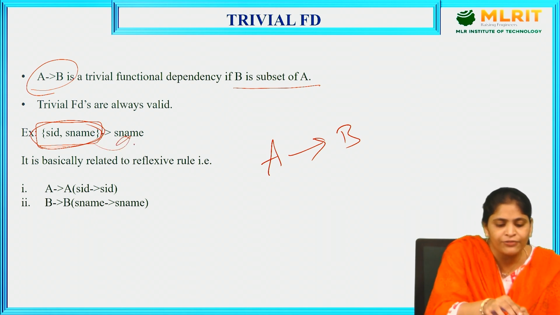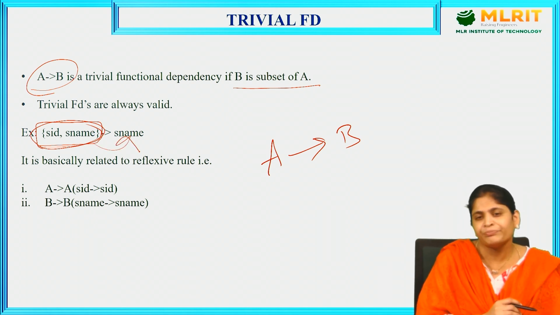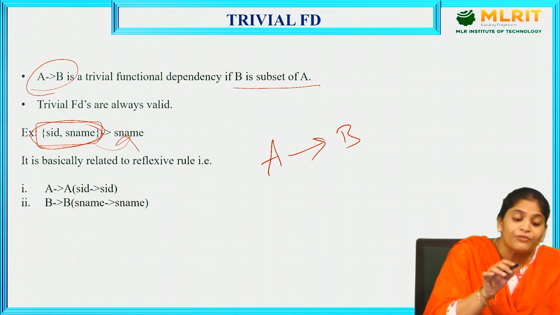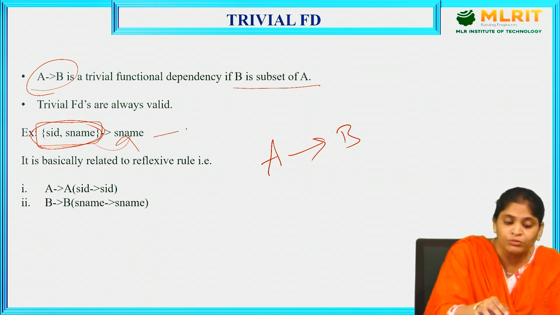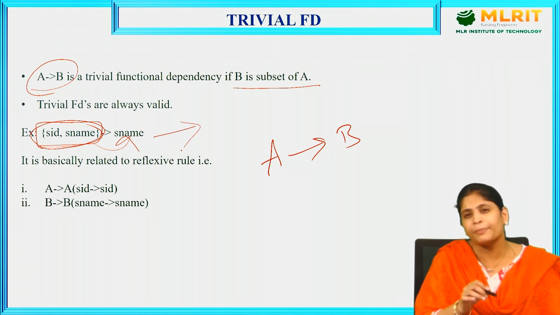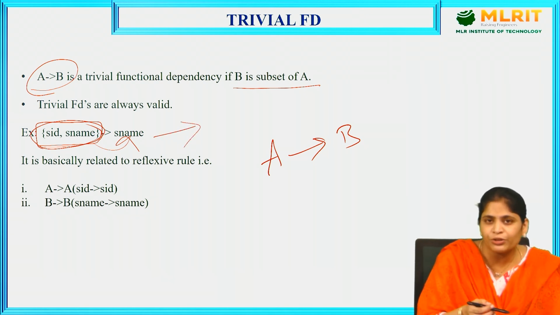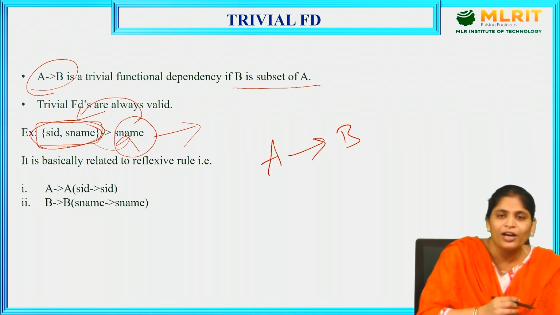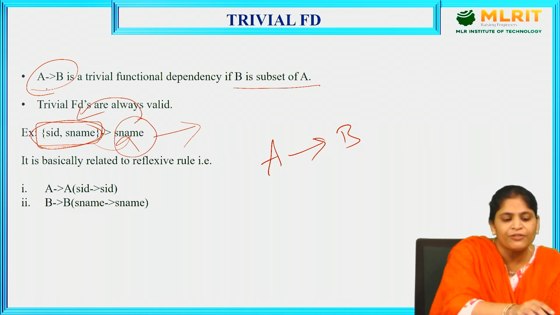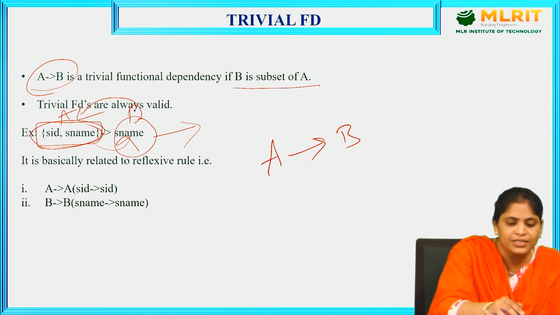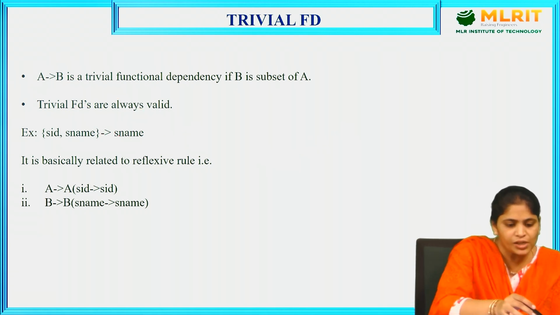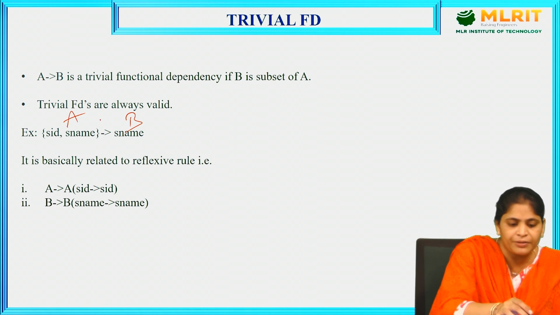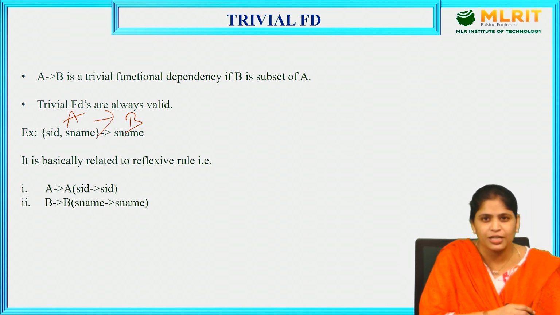only these two combinedly can derive SName uniquely. So if we need to determine whether this is a trivial functional dependency or not, as per the definition, the right hand side must be a subset of the left hand side. So here this is A, this is B. A derives B. This is my functional dependency.